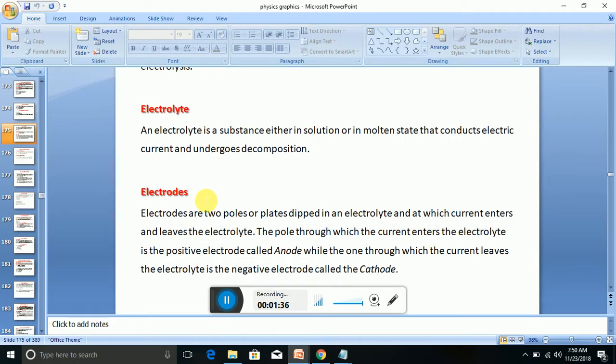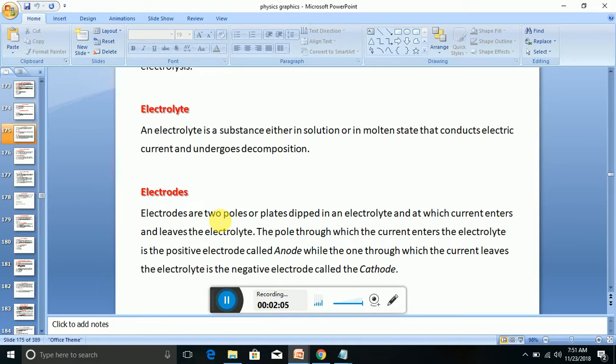Now, what are electrodes? Electrodes are two poles or plates dipped in an electrolyte, at which current enters and leaves the electrolyte. The pole through which the current enters the electrolyte is the positive electrode, called the anode.